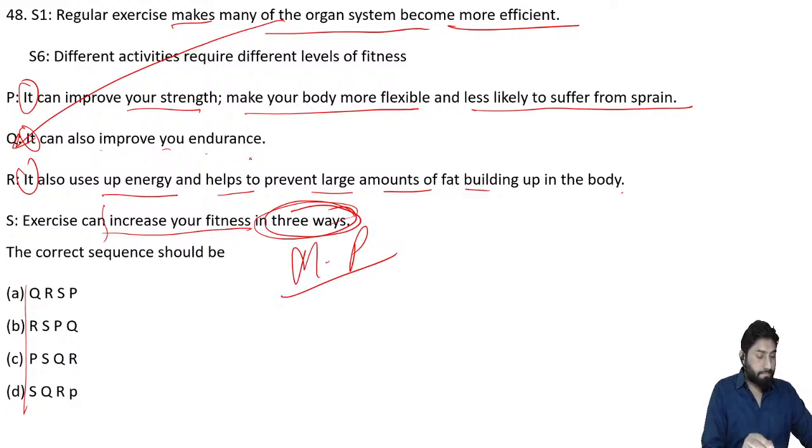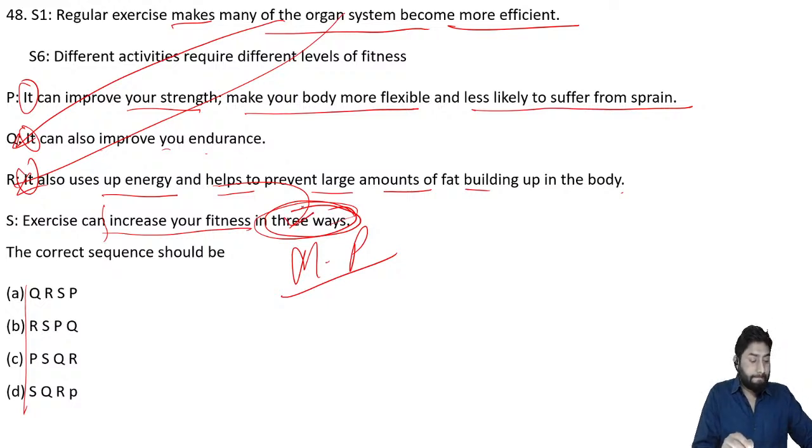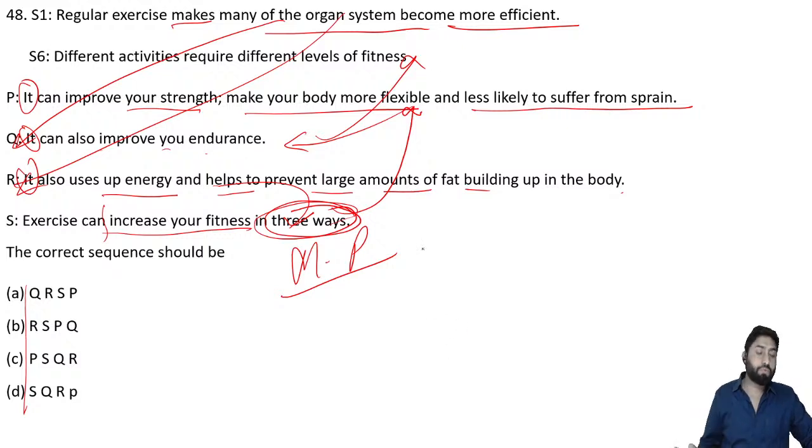It goes well with R. It also uses up, and then after R, you go for S, and then you go for 3, right? Then you go for this 3, and then you go for Q, and this is the last one. It can also improve your endurance.